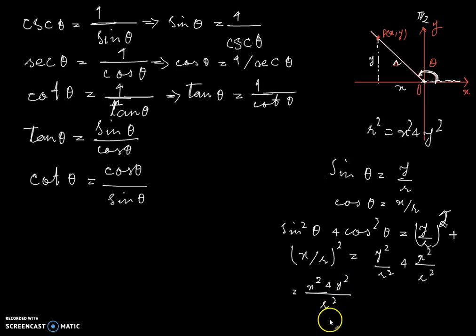But you know that r squared is equal to x squared plus y squared. So you can substitute r squared with x squared plus y squared, and so this is basically 1.